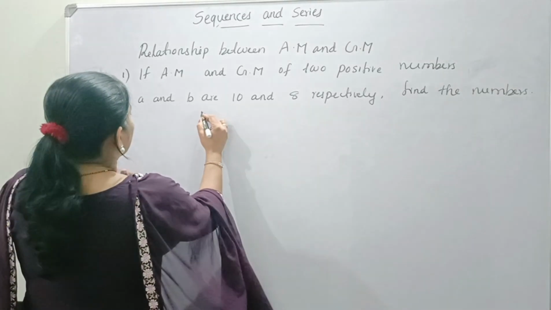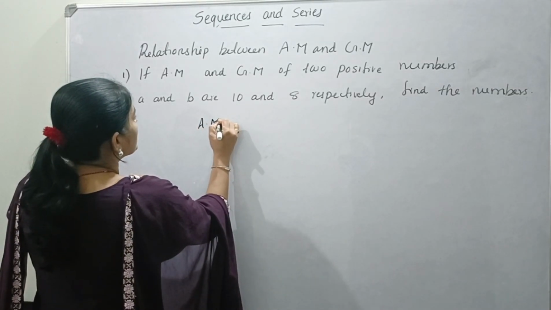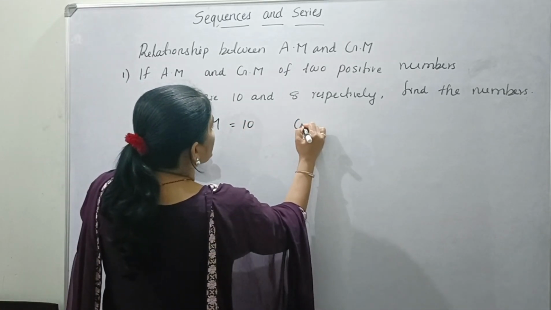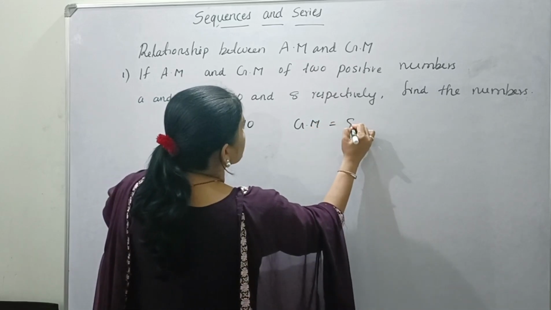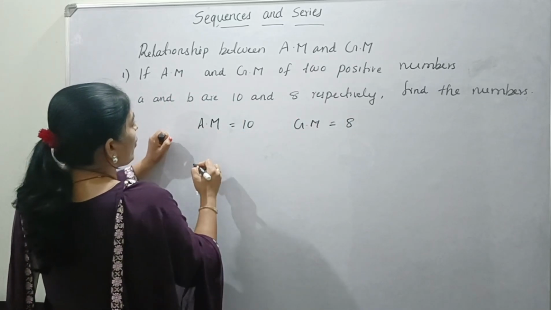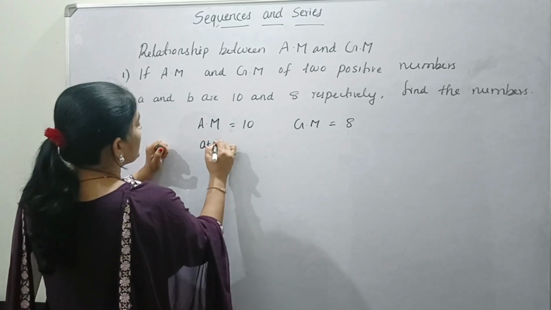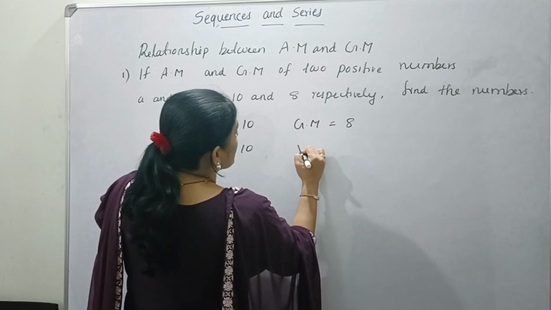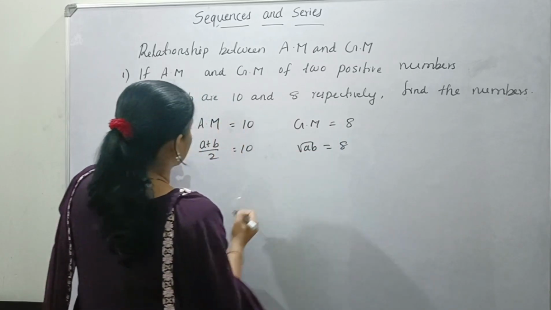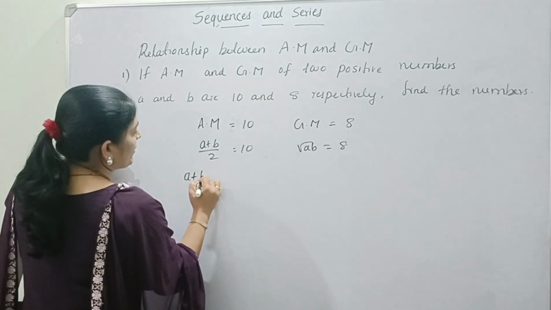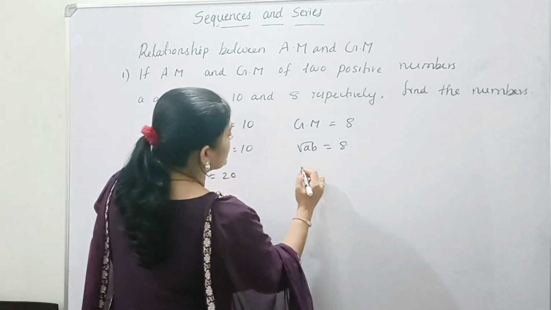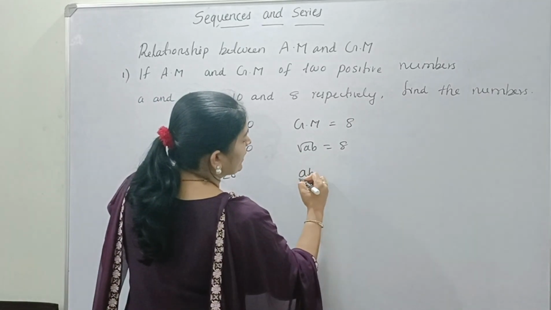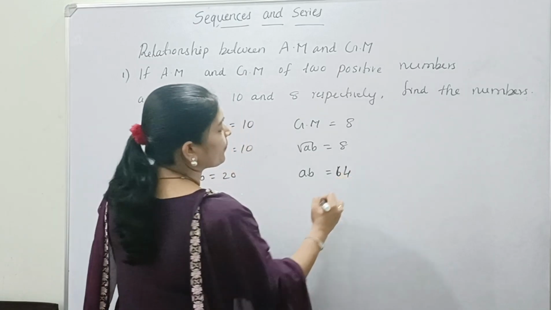Here the arithmetic mean is 10, so (A plus B) divided by 2 is equal to 10, and the geometric mean is square root of AB, which is equal to 8. So A plus B is equal to 20, and by squaring on both sides we get AB is equal to 64.